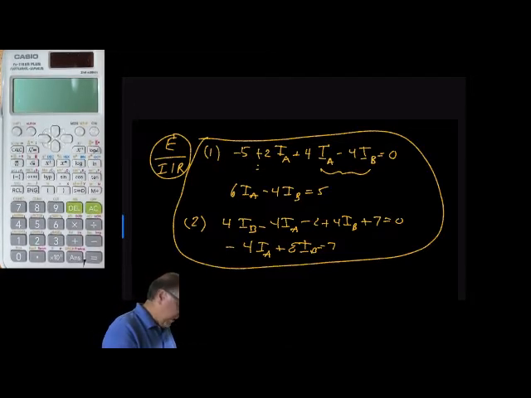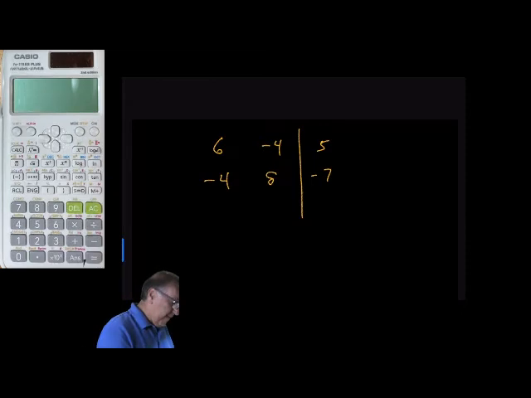It would look like this: 6, minus 4, 5, minus 4, 8, and minus 7. Remember, these are the coefficients of the variables on the left side of the equation, and these are the numbers on the right side of the equation. So this is how you set this up for a matrix.